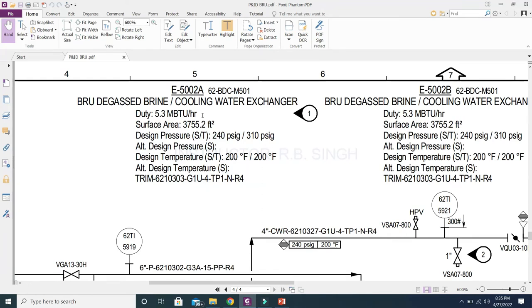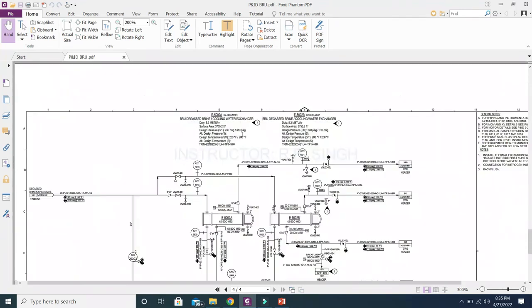So we always make sure our instrument meets the design condition of the equipment. Not only for the equipment: suppose our instrument is on a line or pipe, then the instrument must comply with the design condition of that particular line or pipe. So the equipment details will also be mentioned in the P&ID.